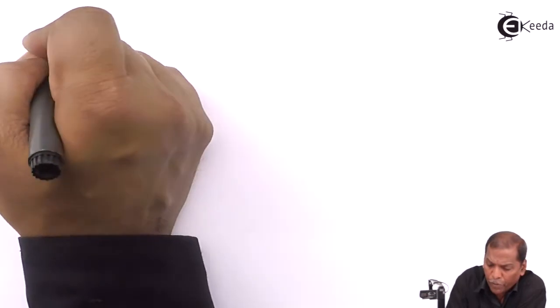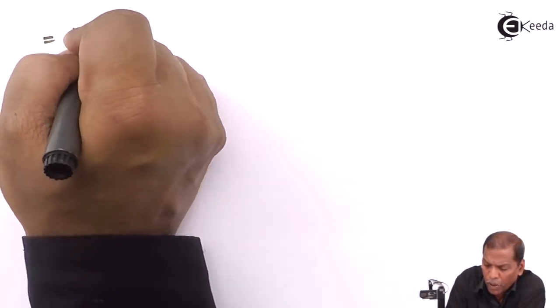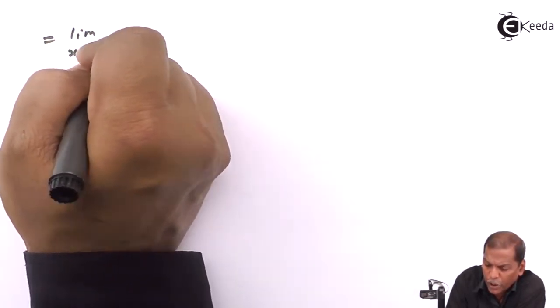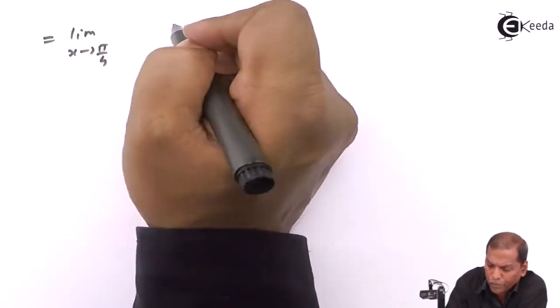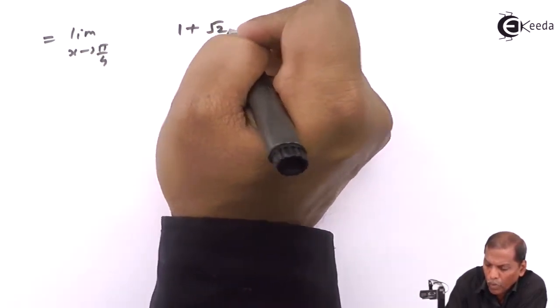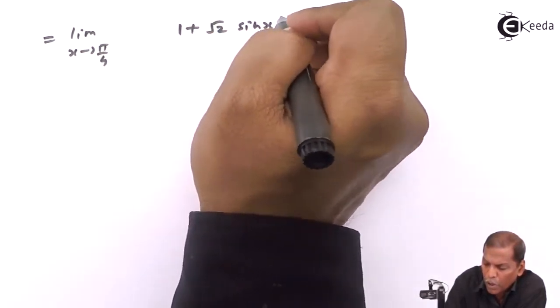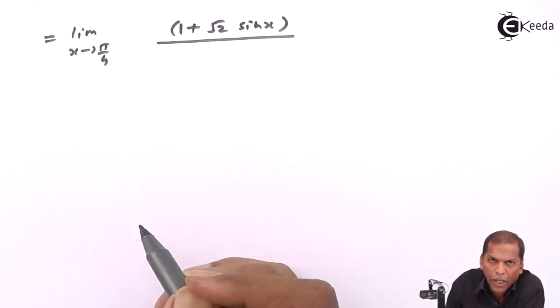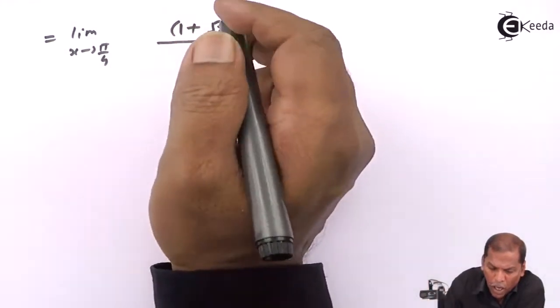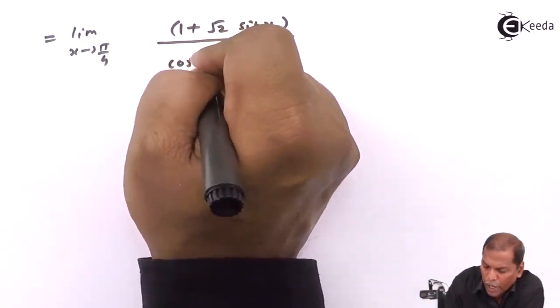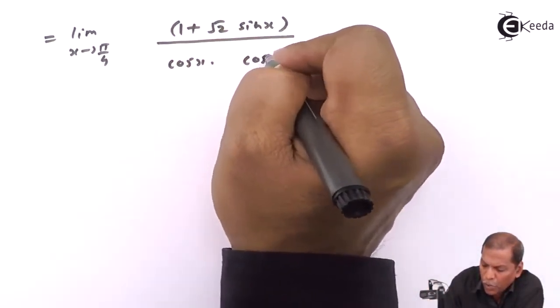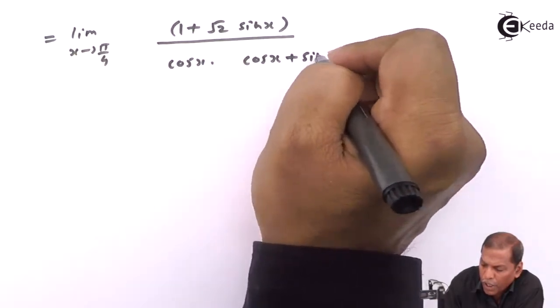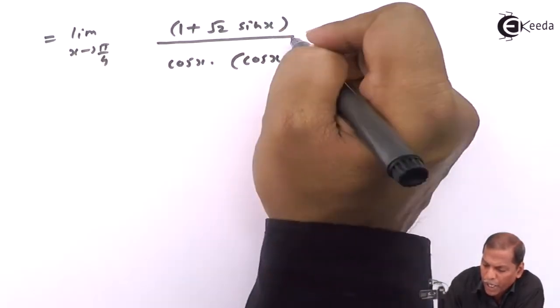Now cancelling the common factor cos x minus sin x from numerator and denominator, the next step will be limit x tends to pi by 4, 1 plus root 2 sin x, we write as it is in the numerator, and in the denominator we have cos x into, in brackets, cos x plus sin x.